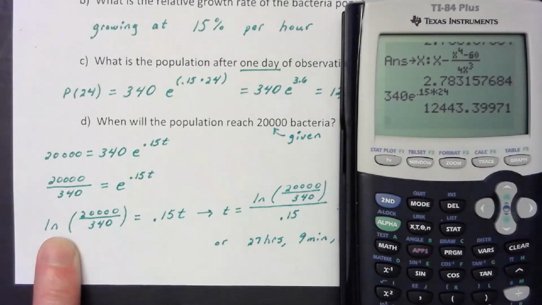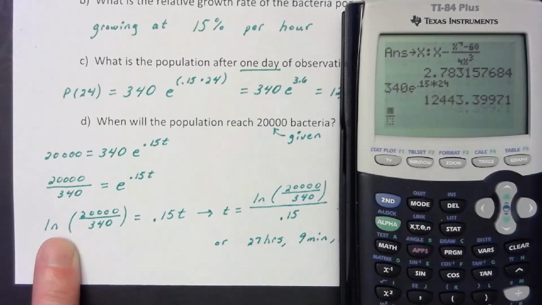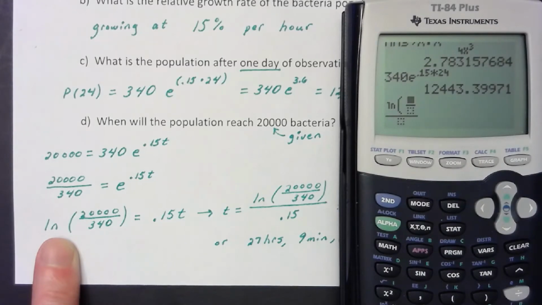Our calculator approximation for that, we'd come in here and say, well, we know we're taking the natural log of 20,000, and I'll go ahead and create a fraction just so I can fit it all on one line. Alpha y equals enter. So I have the natural log of, and I'll put the fraction inside the natural log, 20,000 over 340.